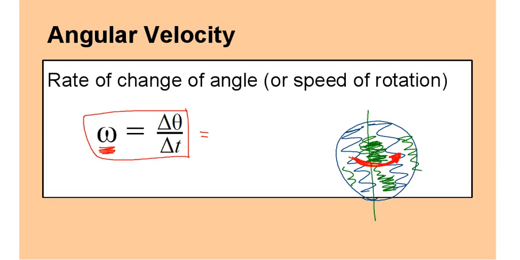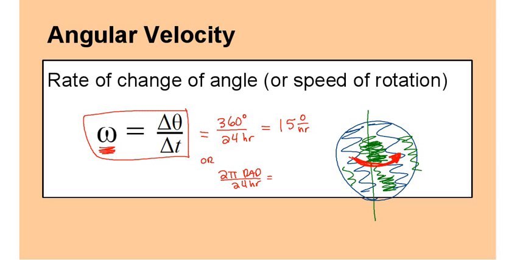If I figure the angular velocity for the Earth, every day it moves through 360 degrees. It takes 24 hours to do that. And so 360 divided by 24 would be 15 degrees per hour. Every hour the Earth turns through 15 degrees. If I do it in radians, then it would move through 2 pi radians in 24 hours.